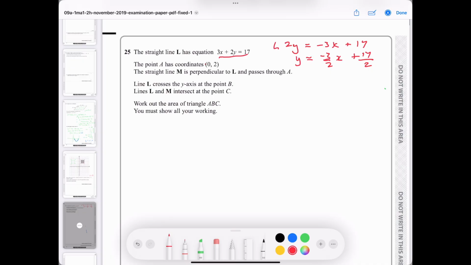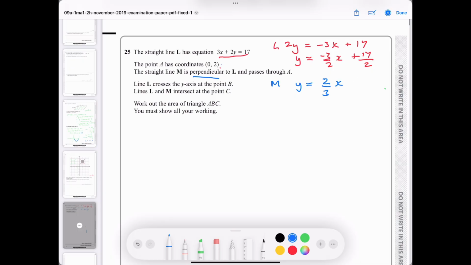Then point A has the coordinates 0, 2, and the straight line M is perpendicular to L and passes through A. So the straight line M is going to be y equals, and it's perpendicular, so we use the negative reciprocal, so 2/3 x.